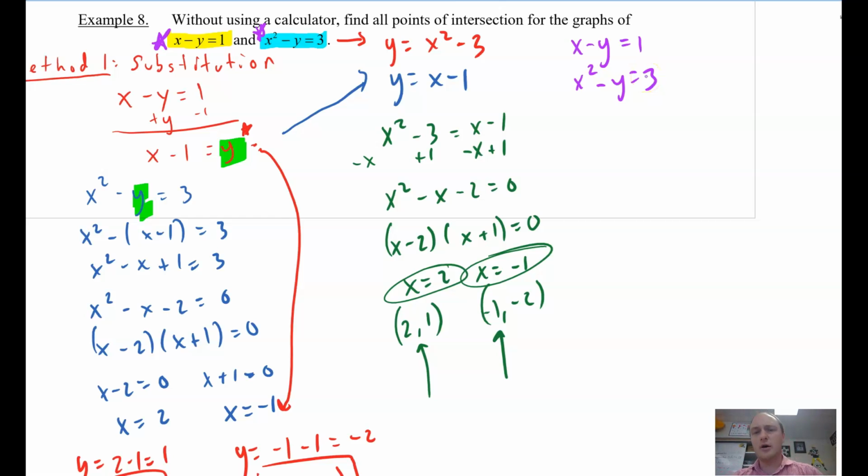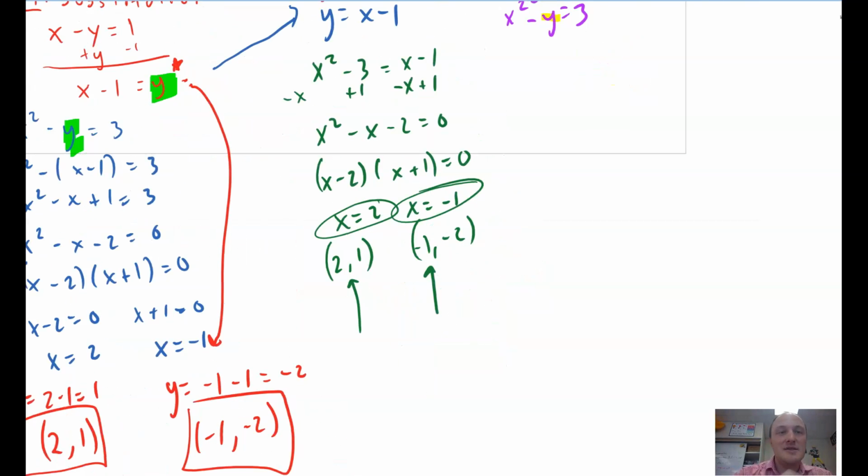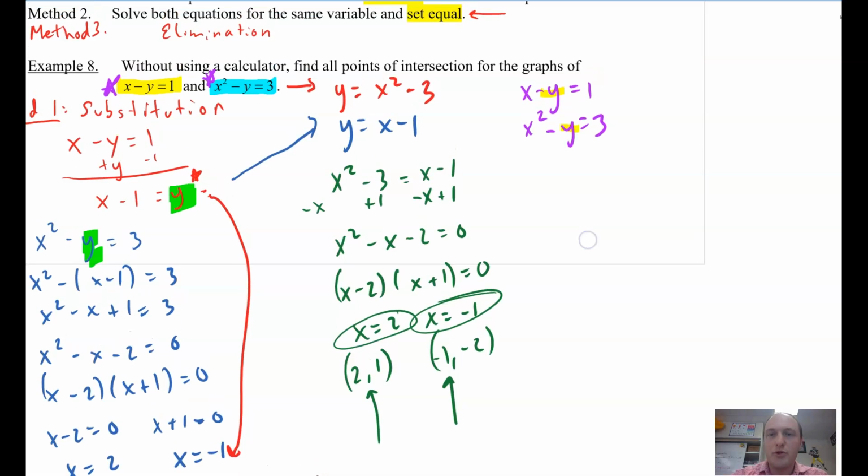Notice the y terms have the same coefficient and the same sign. So I'm going to multiply this by negative 1, multiply this by negative 1, and what I get is a new system right underneath it.